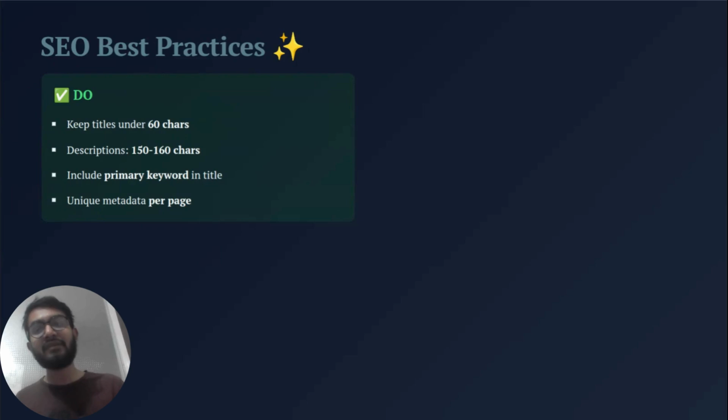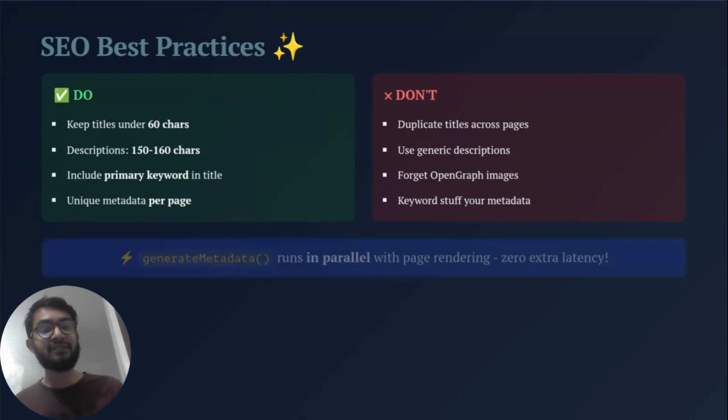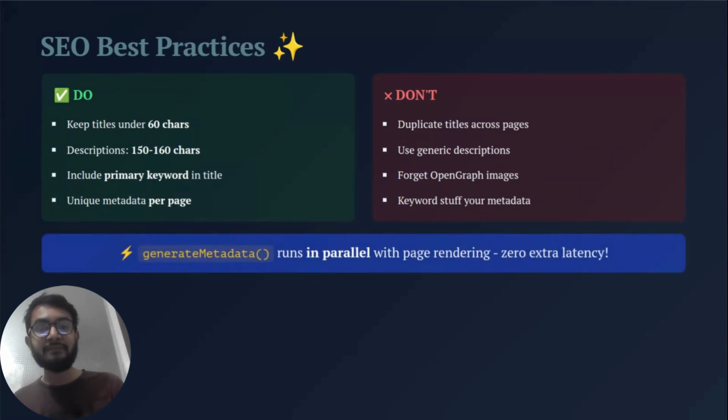As I already mentioned, use a primary keyword and be mindful about using the keyword, and use unique metadata per page. And please don't duplicate titles across pages, use generic descriptions, forget OpenGraph images, or keyword-stuff your metadata. This is actually bad SEO for your site.